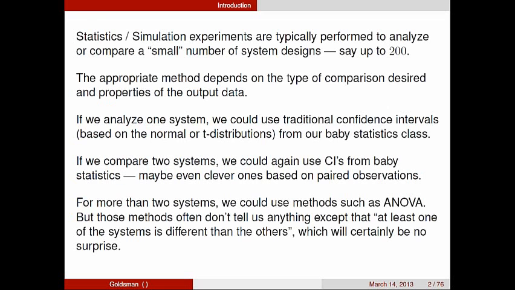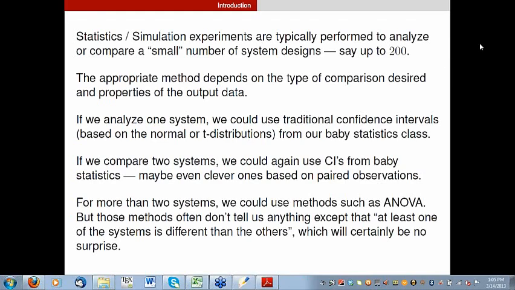So, okay, in general statistics and simulation as well, people perform experiments with the purpose of analyzing a system or systems. You might want to know the characteristics of one particular system, and so you either simulate it or you take observations in some way, and you analyze the one system.